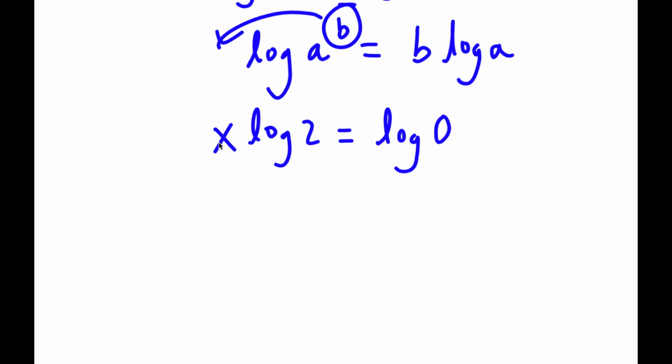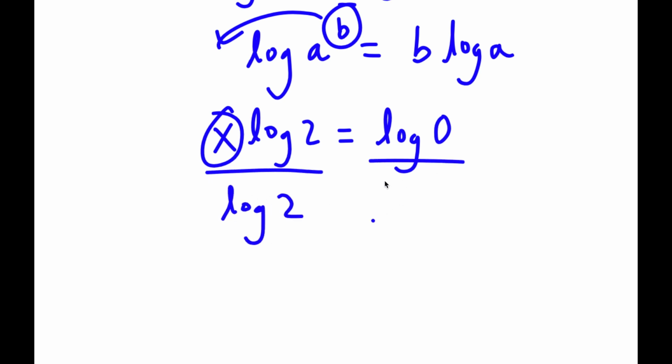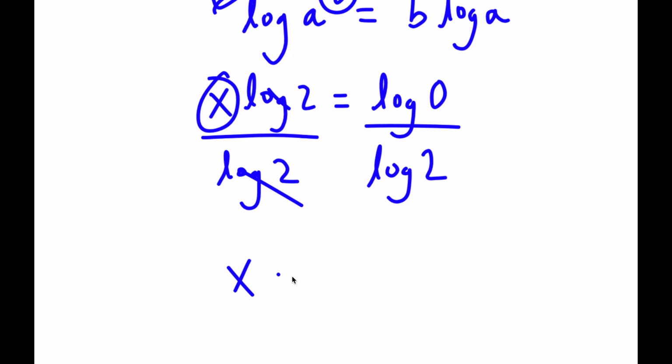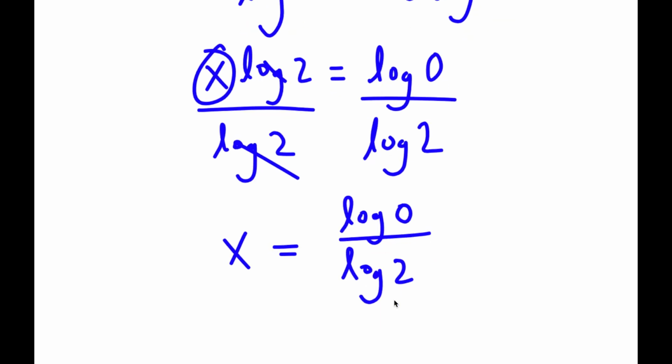Now, I obviously want to isolate x here. So I'm going to divide both sides by log 2. So then these two cancel out, and now I have x is equal to log 0 over log 2.